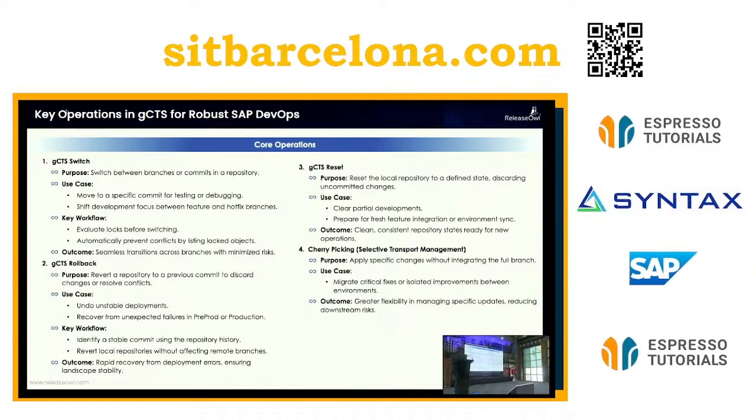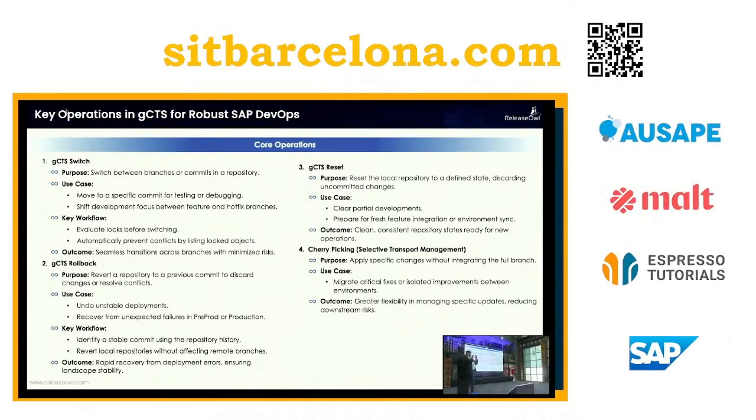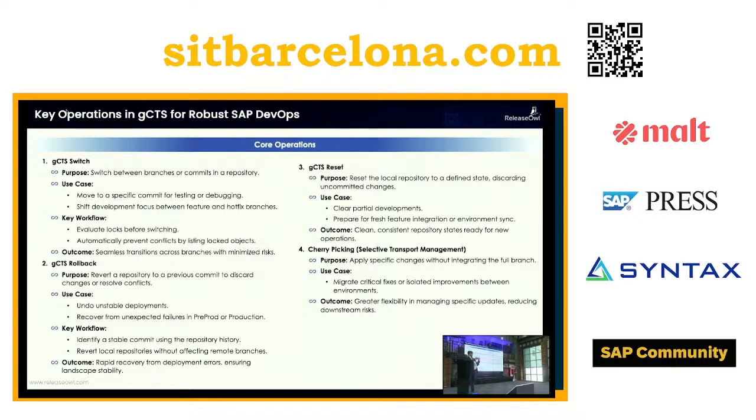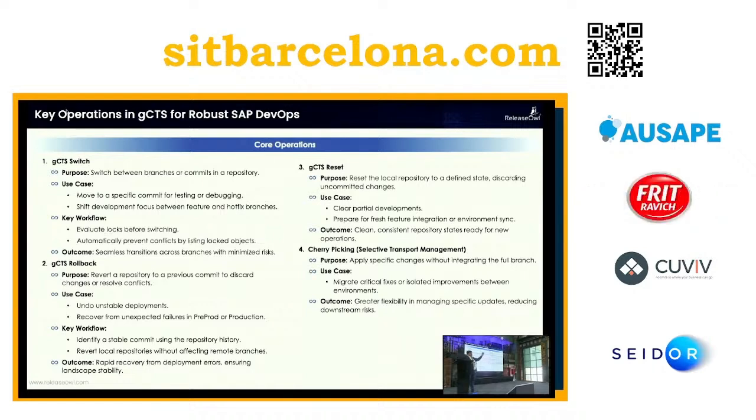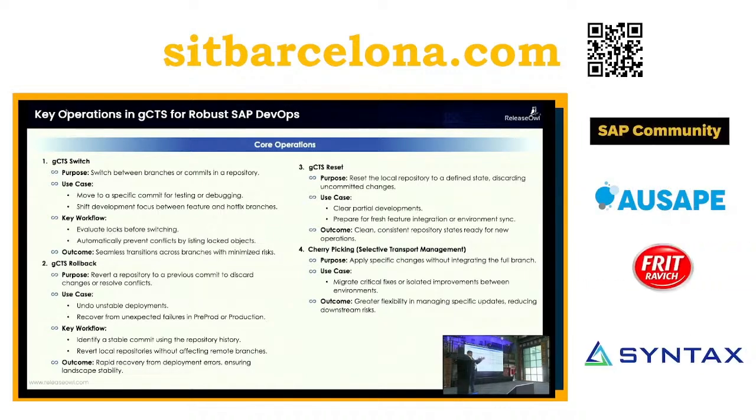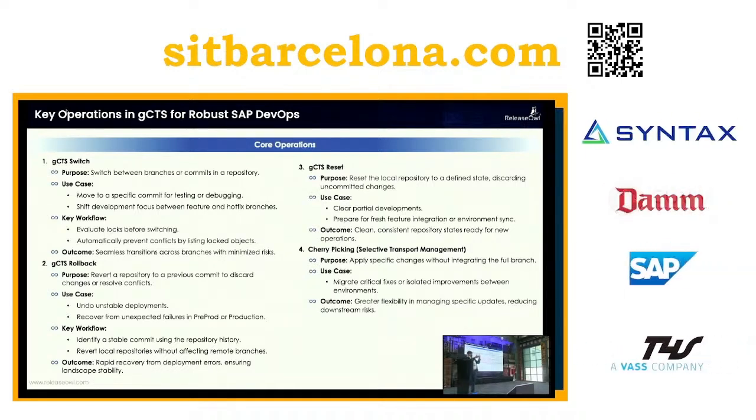Then last is cherry picking. Because of the hard coupling between a system and a branch, one of the challenges in gCTS is the hard coupling. What it means is, while you develop all your changes in your project, you cannot commit easily to various feature branches. You have to commit to one dev branch because your project dev is connected to your project SAP development system.